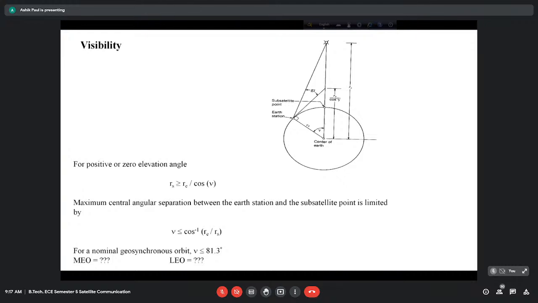Now we had seen in the case of Iridium that low Earth orbiting satellites are also being used in some cases. So could you please calculate the corresponding value of this gamma for a low Earth orbiting satellite, assuming the orbital altitude to be 1,000 kilometers or so. 30.13 degree.